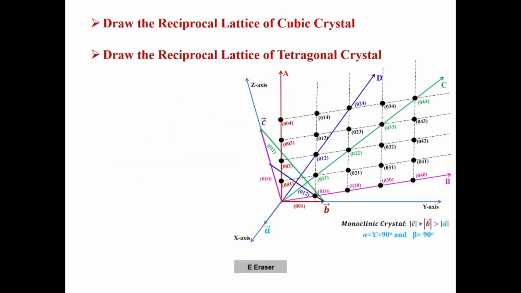So this is the reciprocal lattice of the monoclinic crystal structure. I suggest that you draw the reciprocal lattice of the cubic crystal and of the tetragonal crystal by yourself.